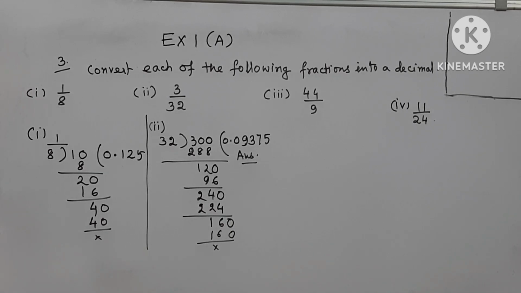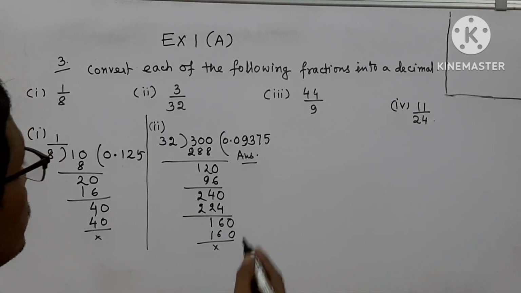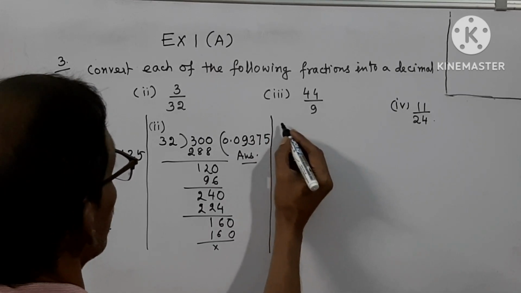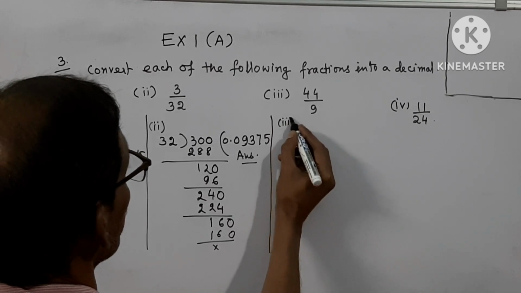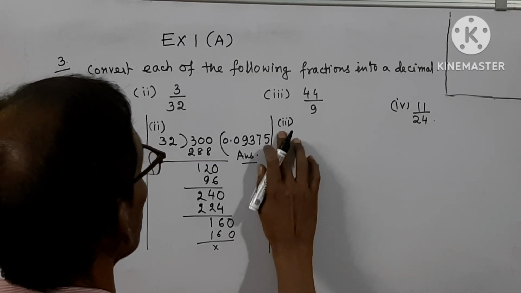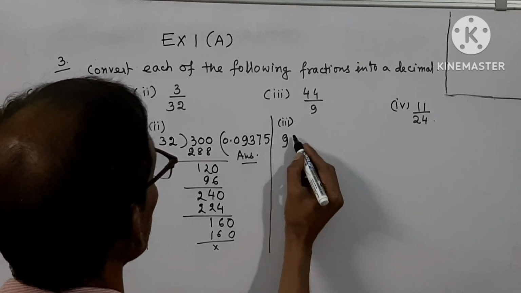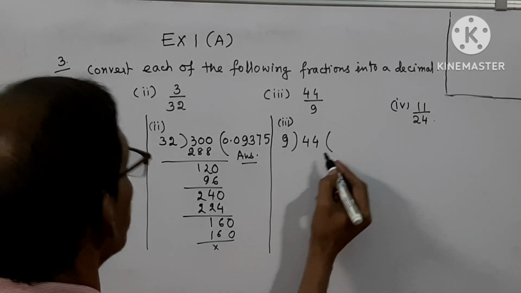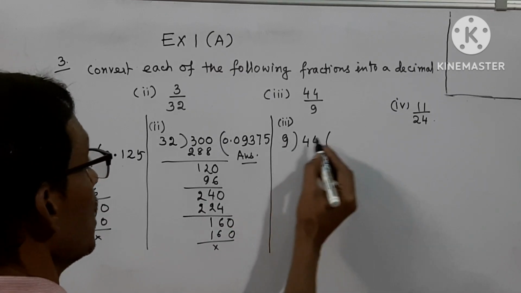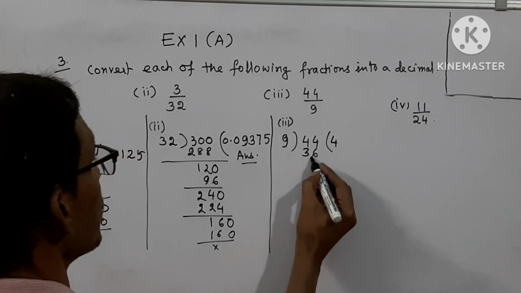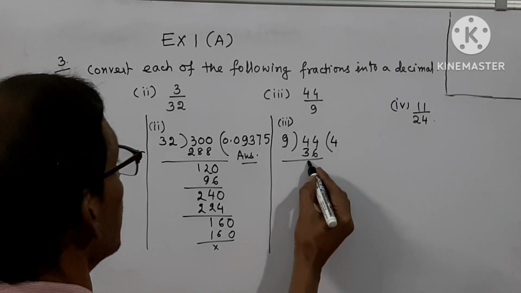You have to do the division very carefully. 44 by 9. So 9 is the divisor and 44 is the dividend. You can see 4 9s are 36, remainder 8.